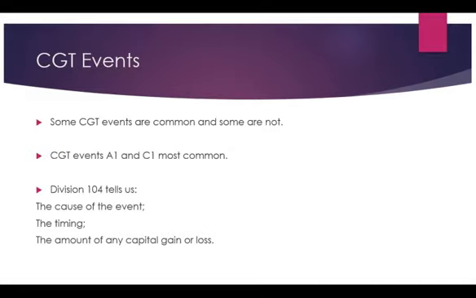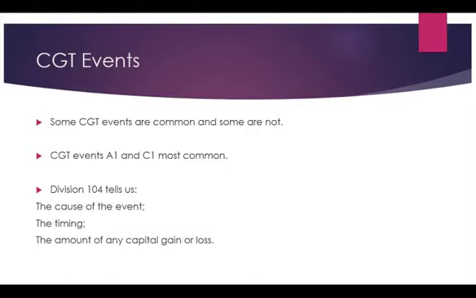Now, in this short course, we're going to be focused on two CGT events, A1 and C1. These two are the most popular CGT events. In fact, they cover over 90% of all CGT transactions.